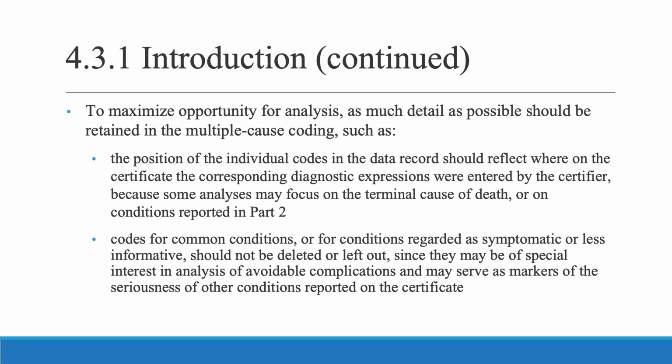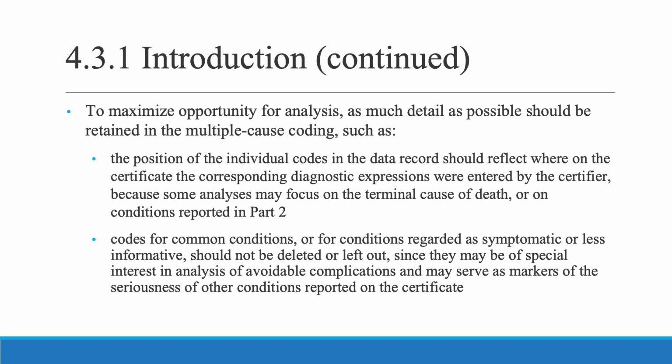Continuing with the next slide, to maximize opportunity for analysis, as much detail as possible should be retained in the multiple cause coding, such as the position of the individual codes in the data record should reflect where on the certificate the corresponding diagnostic expressions were entered by the certifier, because some analysis may focus on the terminal cause of death or on conditions reported in Part 2.